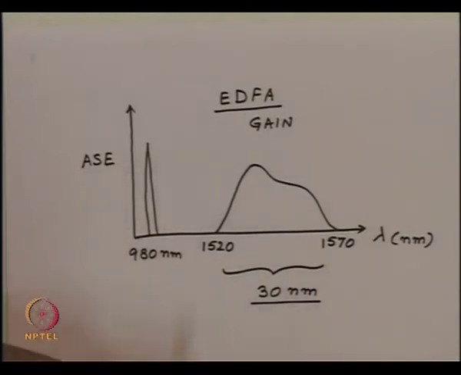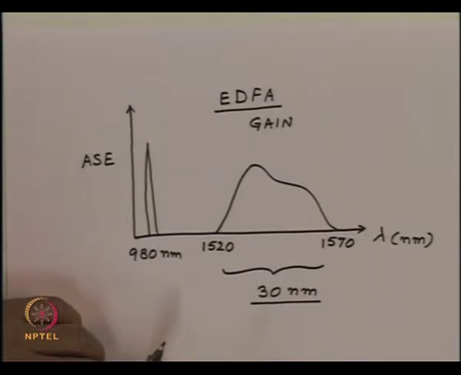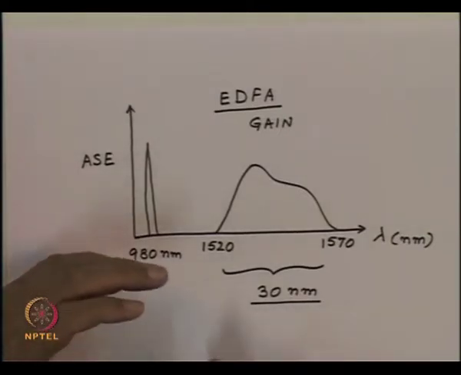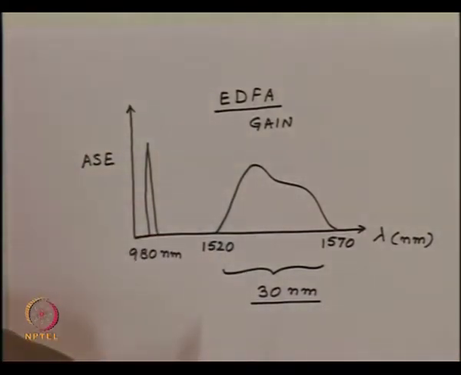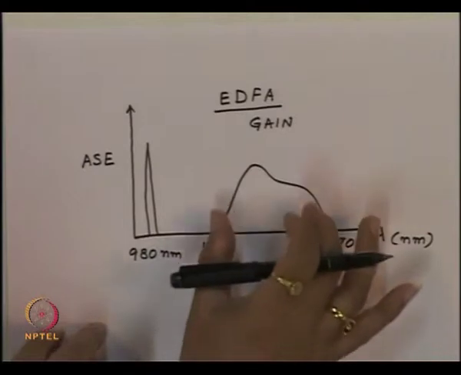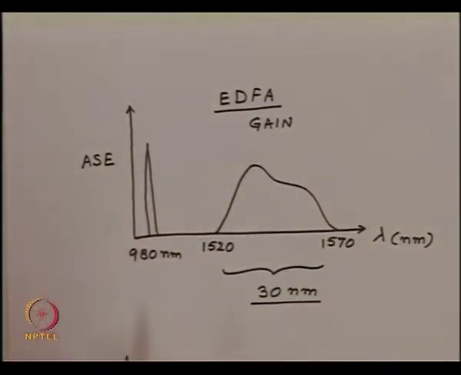And all these 40 channels can be simultaneously amplified inside the EDFA. So essentially we do not require separation of the optical carriers. In a long link, we can just put an amplifier which is EDF, and all the 40 channels lying within this band will be simultaneously amplified.